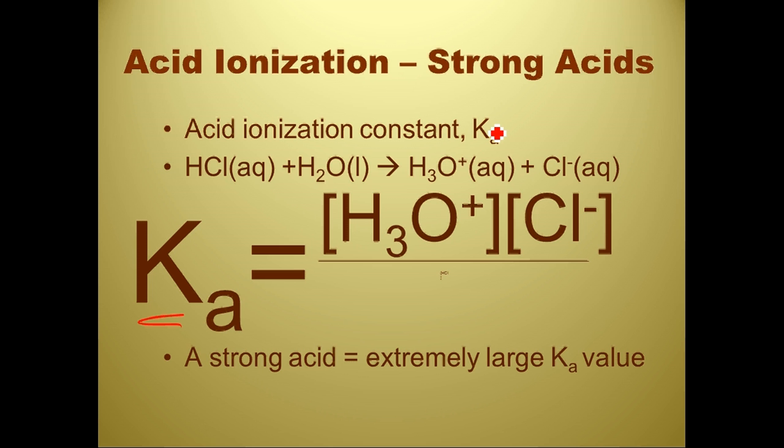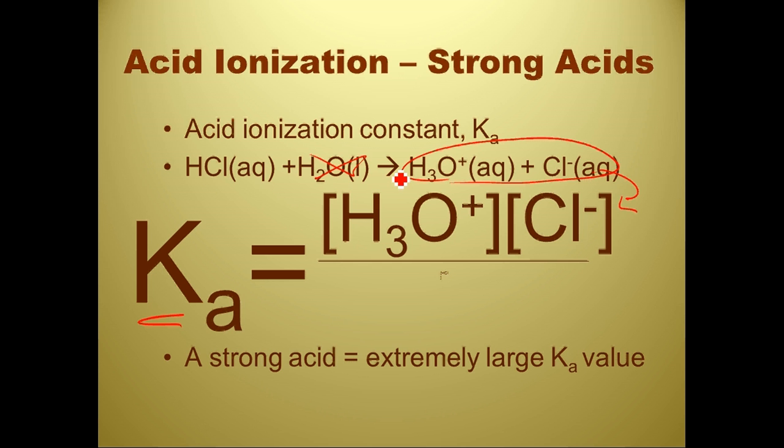Just like equilibrium constant values before, we don't write liquids in equilibrium constant expressions for acids. Products still go on top, so you can see here the products got written on top, and the reactants get written on the bottom. Now, I know that I said on Friday that with strong acids, these reactions go to completion.